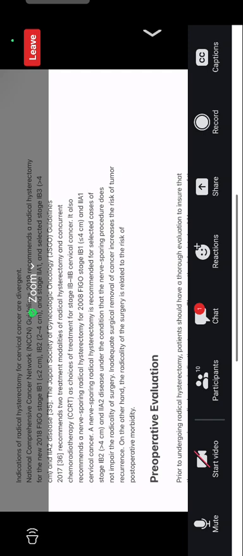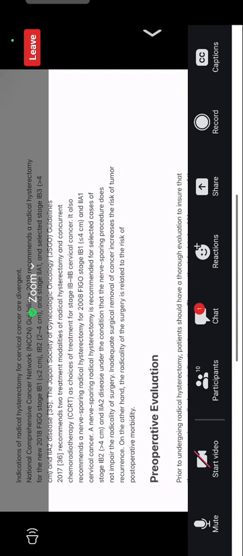So, according to the NCCN guidelines of 2019, radical hysterectomy is recommended for stage 1B. 1B1 means less than 2 centimeters, 1B2 means 2 to 4 centimeters, and 2A, and selected 1 to 3B of cervical cancers.